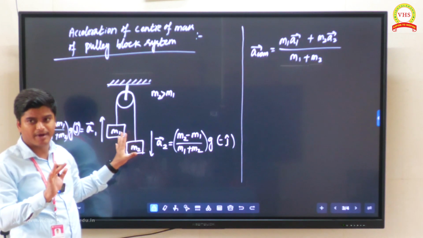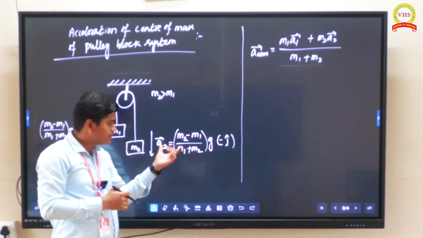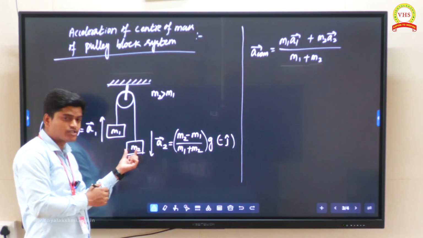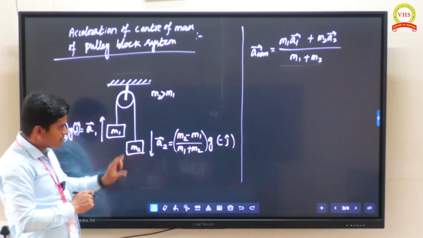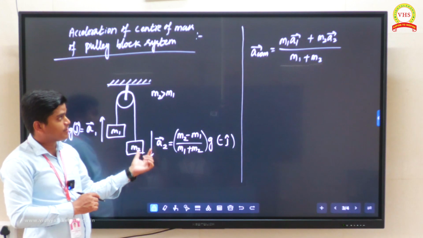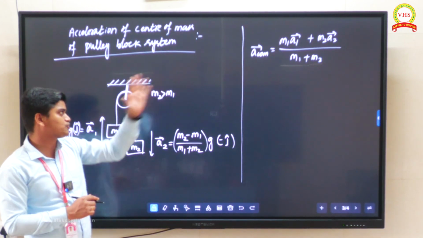So be clear in mind. This is also acceleration and that is also acceleration, but the difference is that this is the acceleration of each block, while that one is the acceleration of the center of mass of the system.